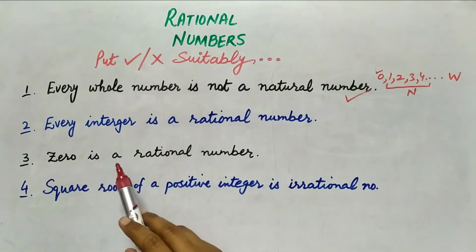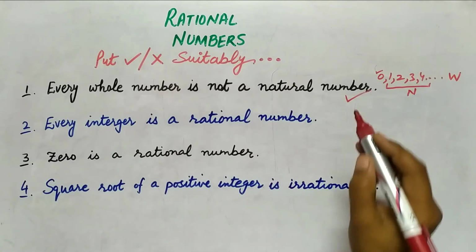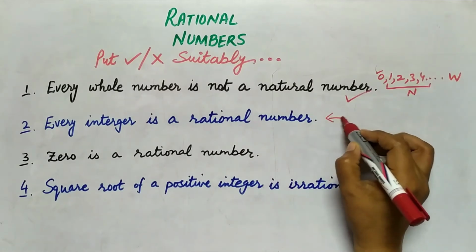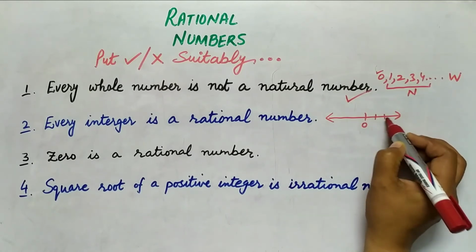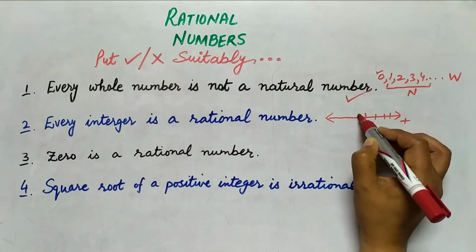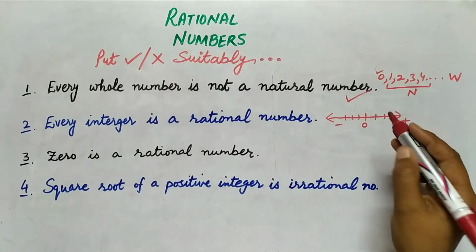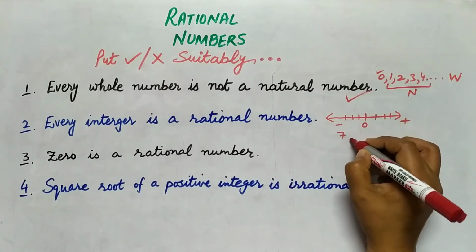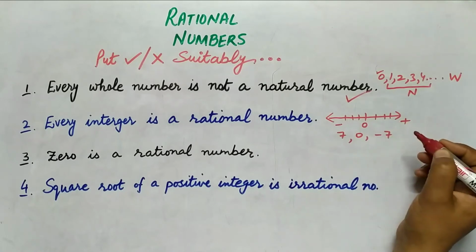Second, every integer is a rational number. Integers, we know, are the numbers that lie on the number line. The center is 0, the right side contains positive numbers and the left hand side negative numbers. Suppose we take 7, then 0, then -7.